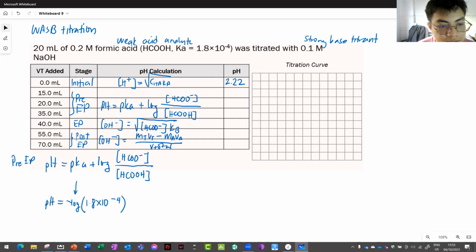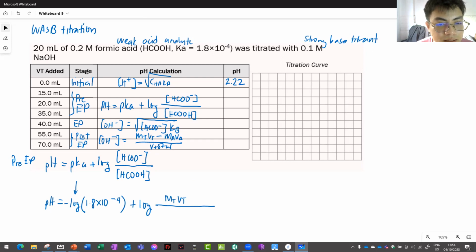And then for this one, okay, ayusin lang natin sulat. So plus log, okay, saan galing yung conjugate base natin? Galing yan sa titrant, no? So when you say galing sa titrant, the expression is MTBT. That's the moles of the titrant.